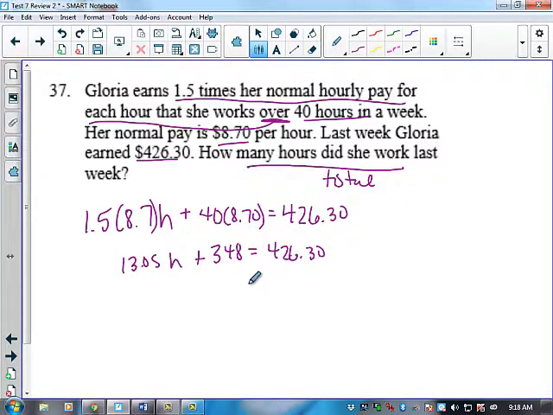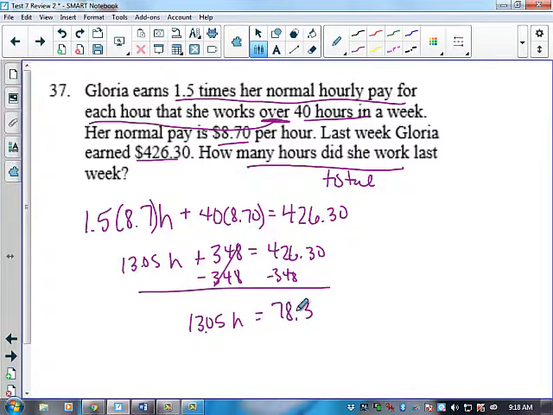13.05H. So 348 plus 13.05H equals 426.30. I want to get H by itself, so I'm going to subtract 348 from both sides. So 426.3 minus 348 gives us 78.3. So 13.05H equals 78.3.